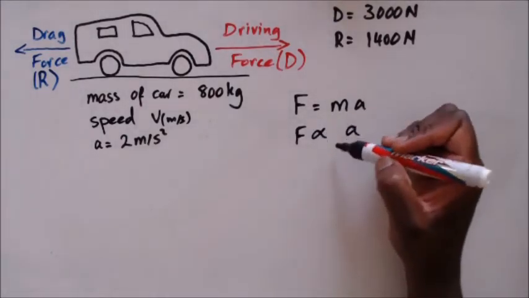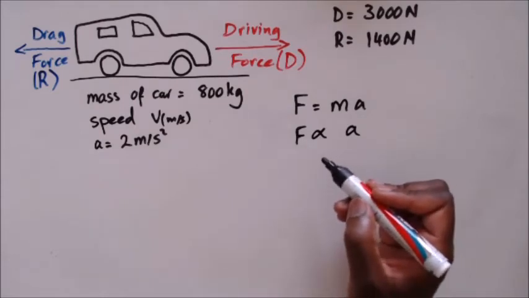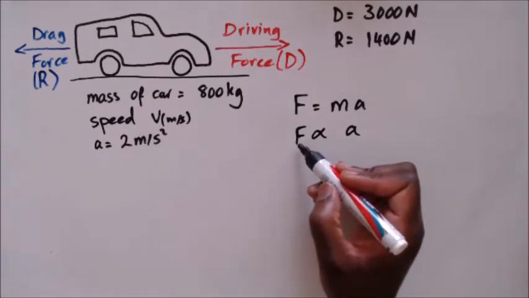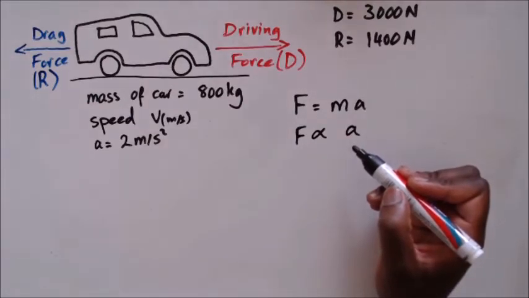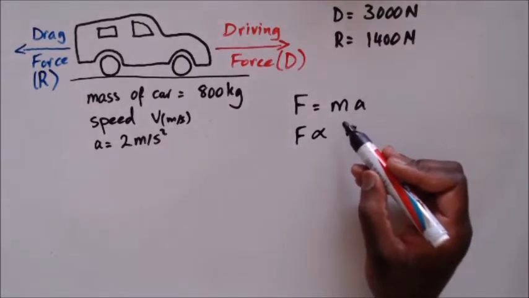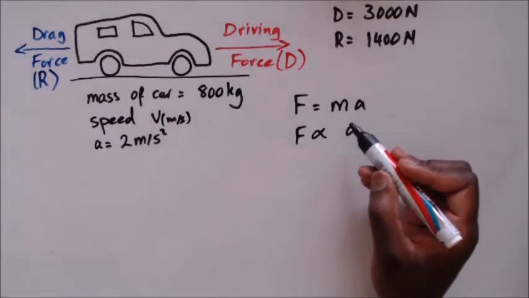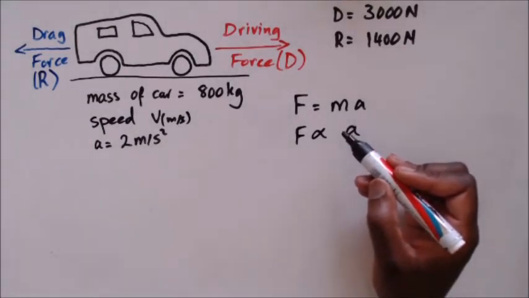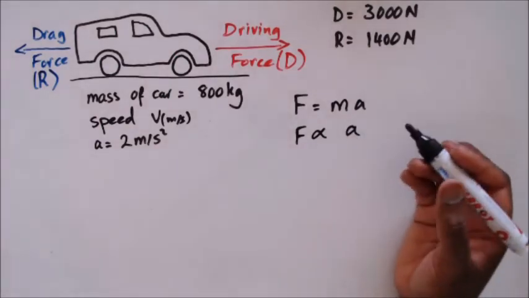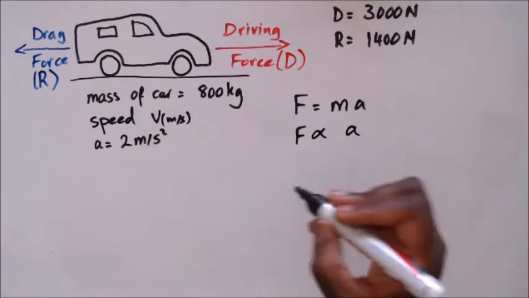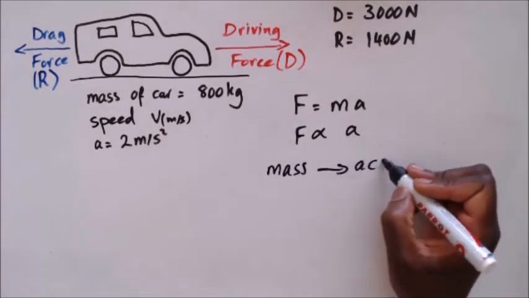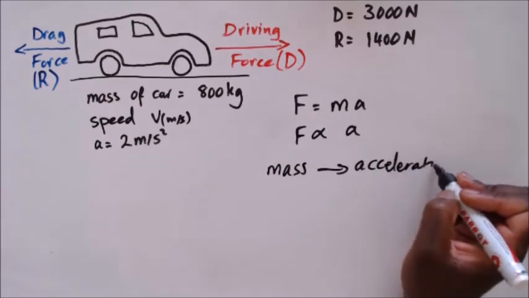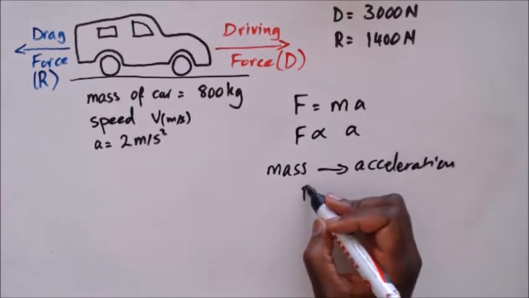So mass is the constant of proportionality in the relationship between the resultant force and a body's acceleration. So what we have is that if mass increases for a constant resultant force, then acceleration must decrease. So we've got this relationship between mass and the acceleration of a body for any resultant force.